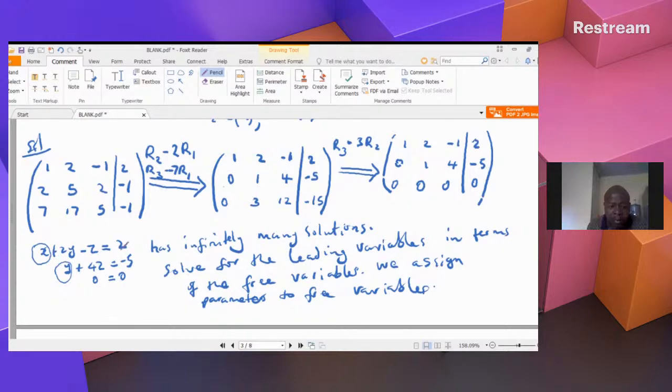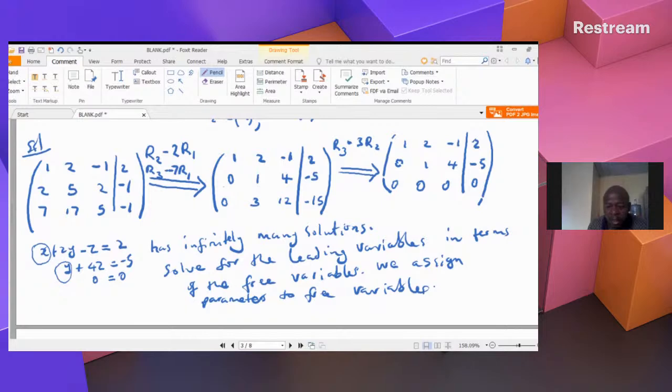That is why I say this system has infinitely many solutions. It depends on what you let your z be. If z is negative 1,000, can you find the corresponding value of y, and then of x?